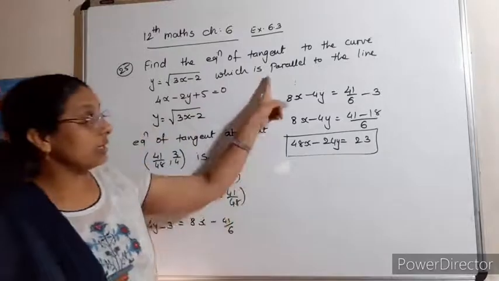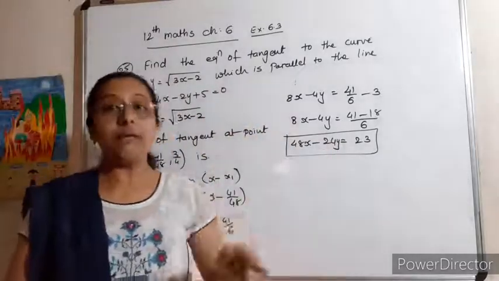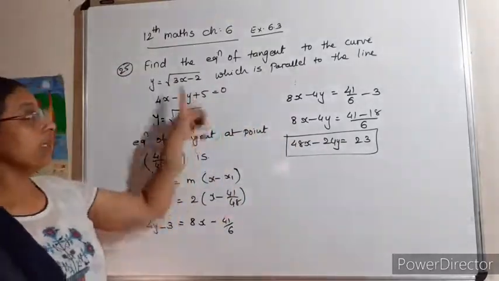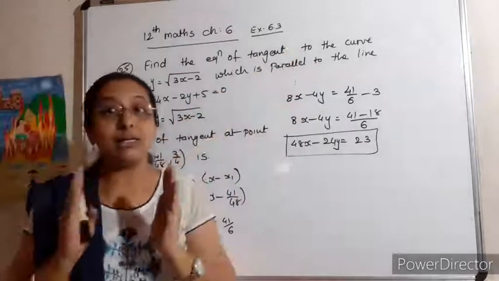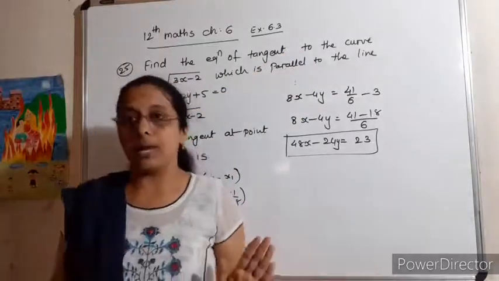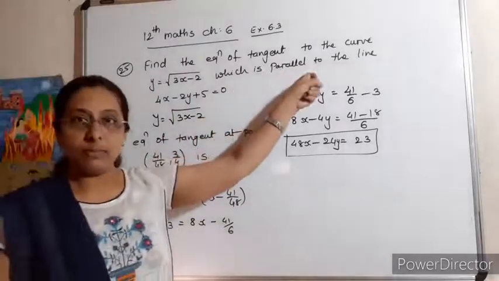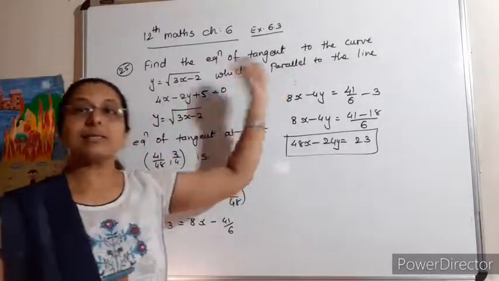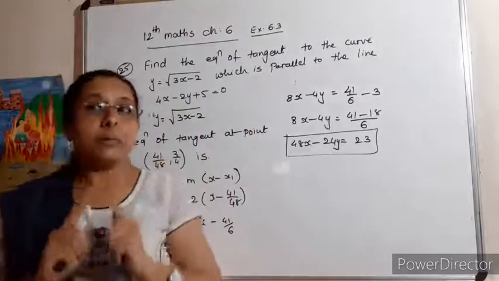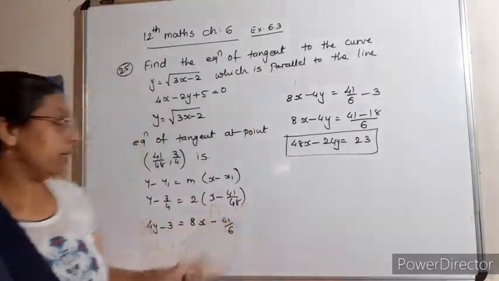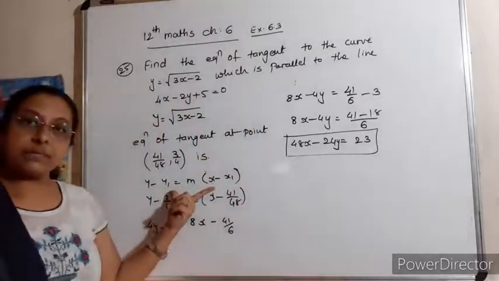From that condition, you will find the point at which you want to find the tangent. That is, x1 y1 is not given, so instead of that some condition will be given. Then by using this condition you will find the point of the tangent and then write the equation of tangent.